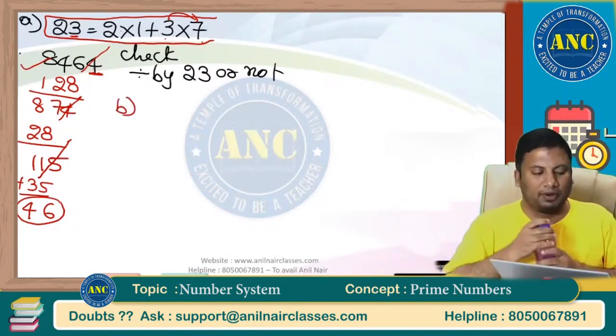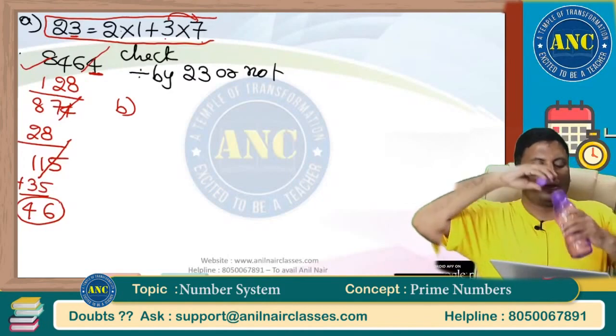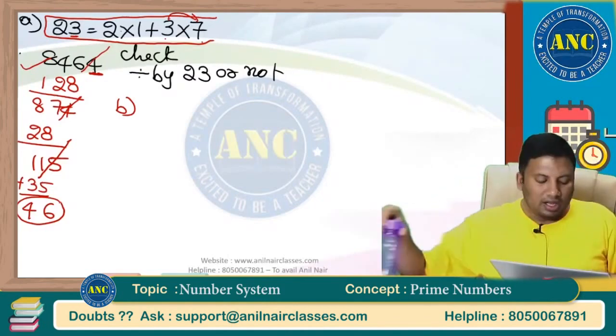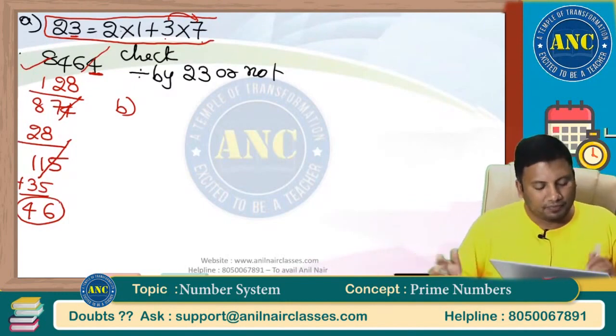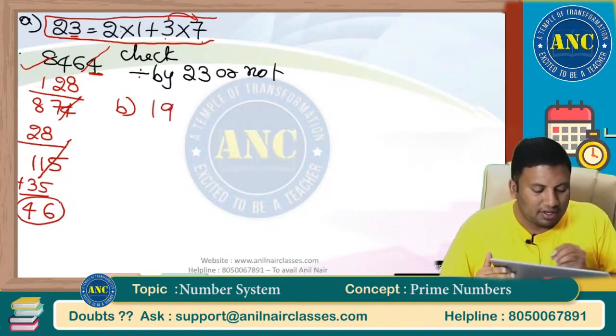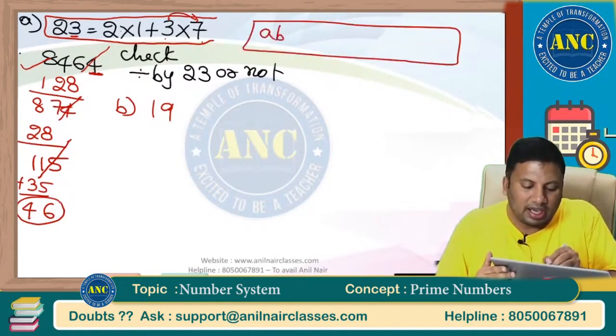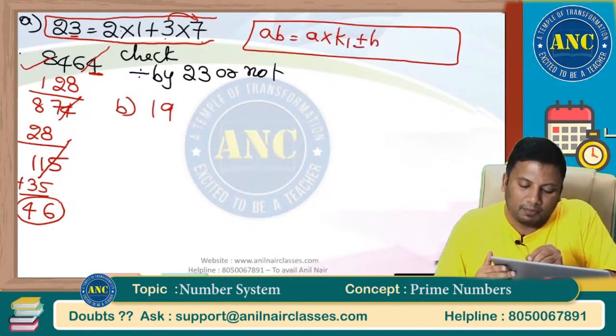Suppose for example, 19 is there. What is the concept of the theory of osculation? AB could be any number: A into K1 plus or minus B into K2.